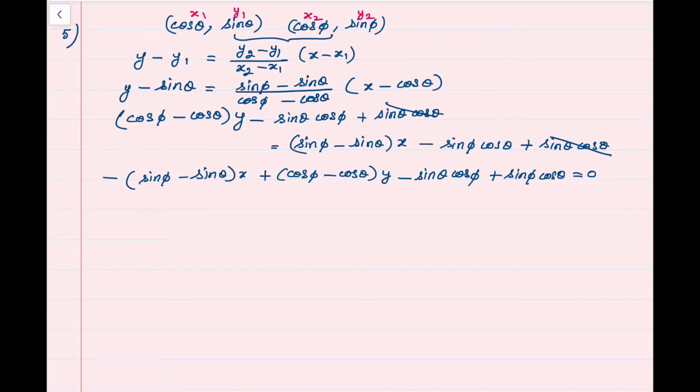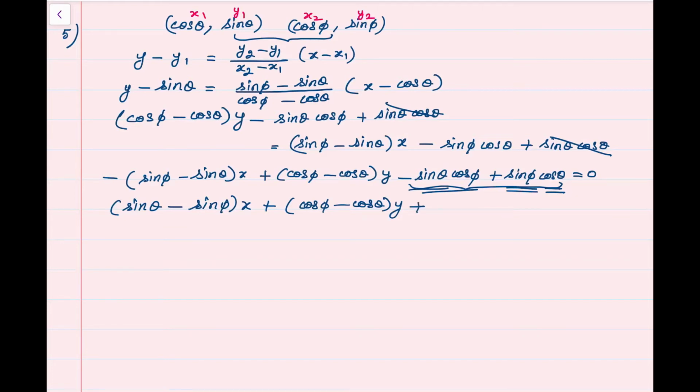Let us distribute this negative sign and write the first term as sin theta minus sin phi times x plus cos phi minus cos theta times y. This is of the form sin A cos B minus cos A sin B. The formula is sin of A minus B. Therefore, it becomes plus sin of phi minus theta.